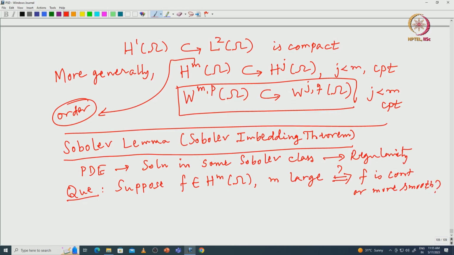So, let me begin with one simple case. In fact, this is an exercise. This is n equal to 1, and (a, b) is a finite interval.